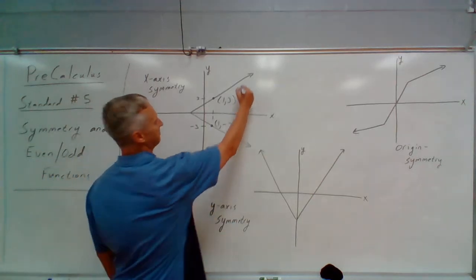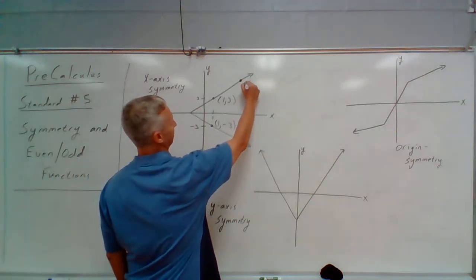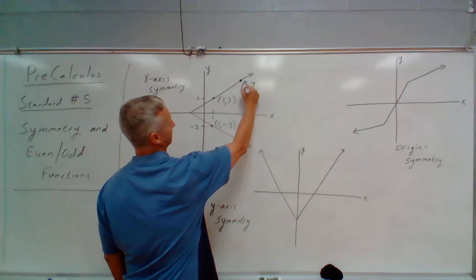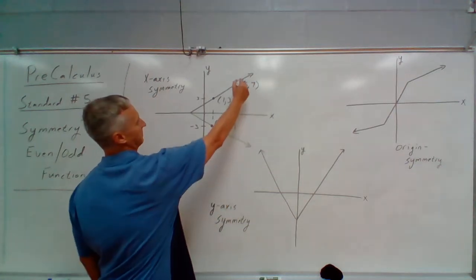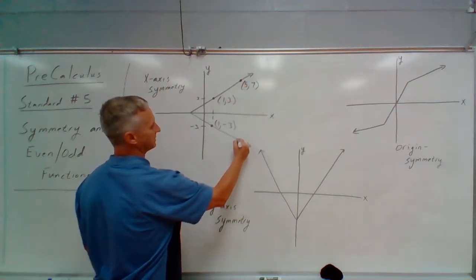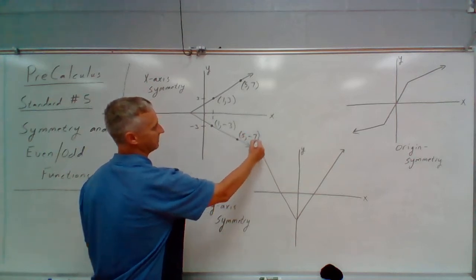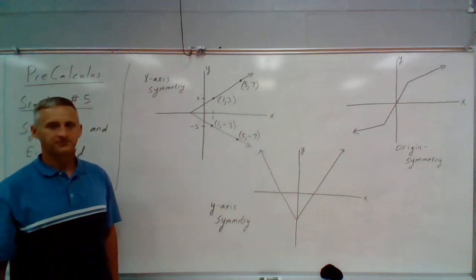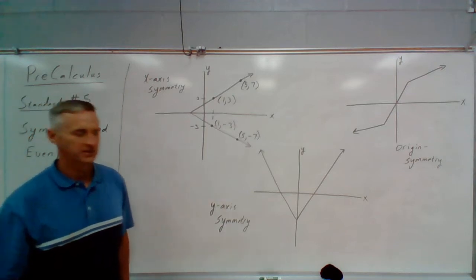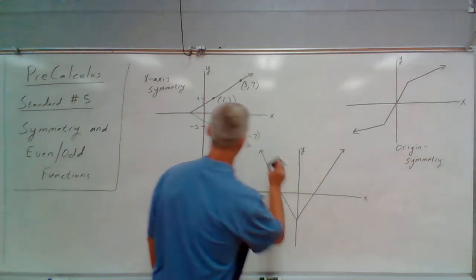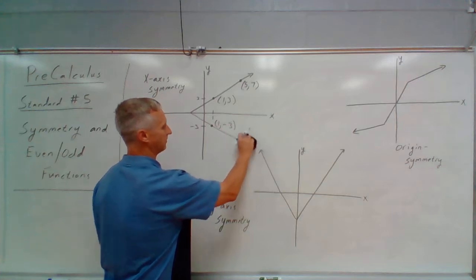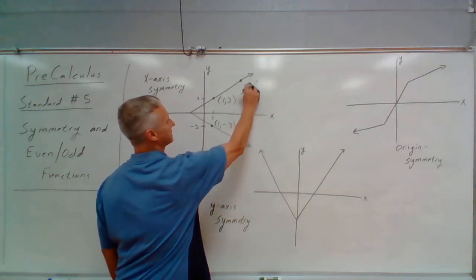Another example, say the point 5, 7 was on the graph, then the point 5, negative 7 would have to be on the graph. Okay. In general, let me get rid of that so we have some room.